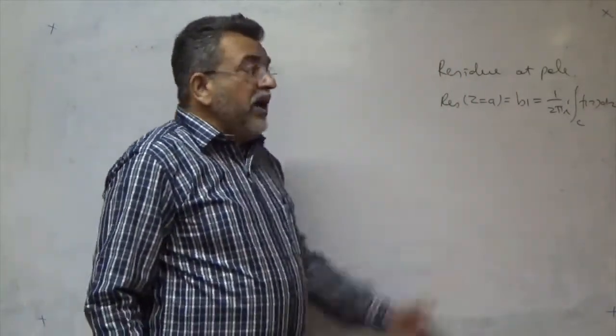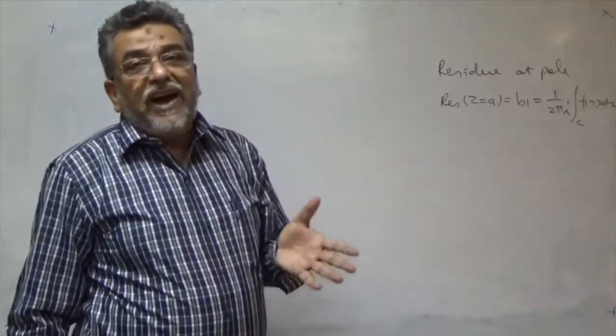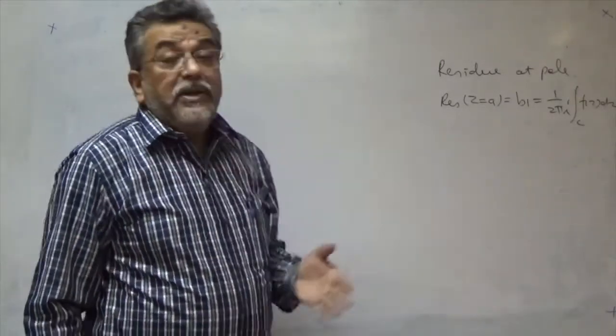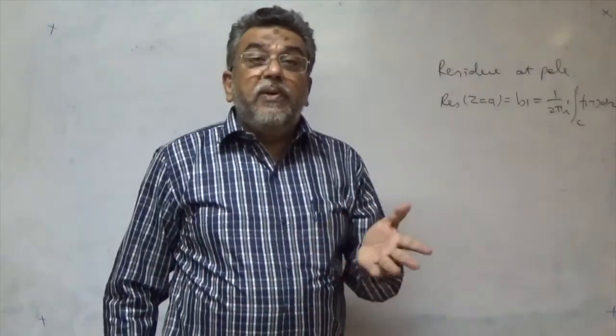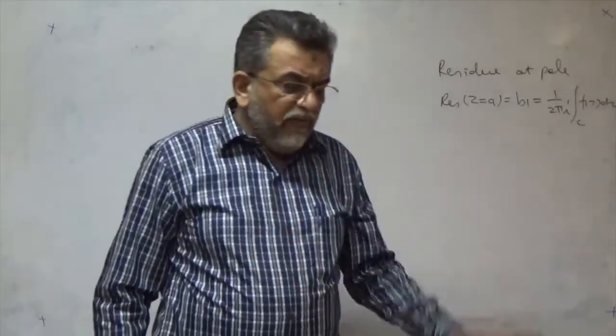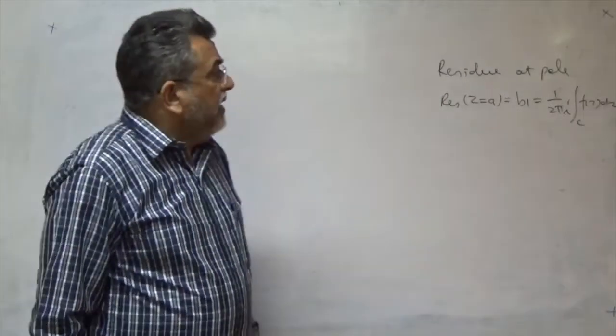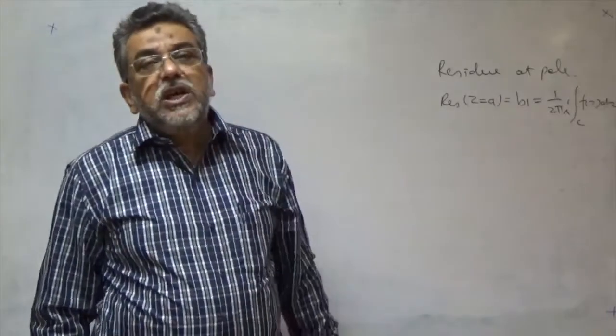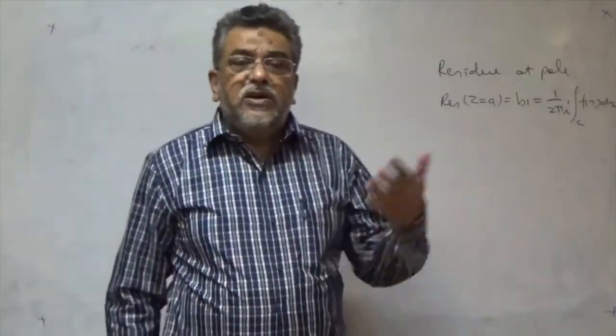I also told you about the various methods to find the residue depending upon the type of pole: simple pole means pole of order 1, and poles of various orders. I discussed a number of methods and took up a number of numerical examples by which all the methods are clear.